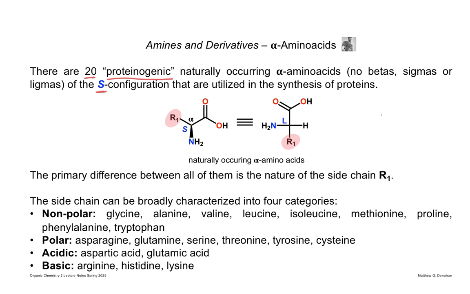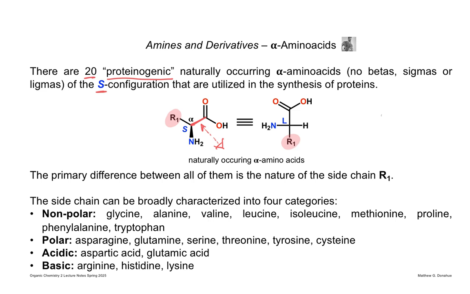If you put your eyeball right here, and you look at this bond, if you could imagine taking that left structure and just sort of rotating it, that amine ends up to the left. The hydrogen that's back ends up to the right. The acid's on top and the side chain's on the bottom.